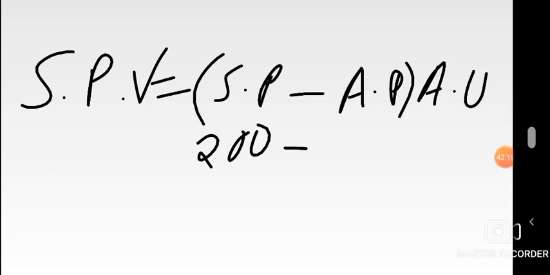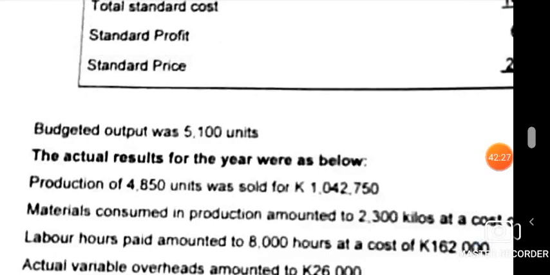Well, if you go back to the question, you go to actual results because you're looking for an actual price. Have you seen that statement which says sold for 1042? That is the actual sales total overall. Remember, the prices we always use are not overall, it's per unit when you're looking at sales.